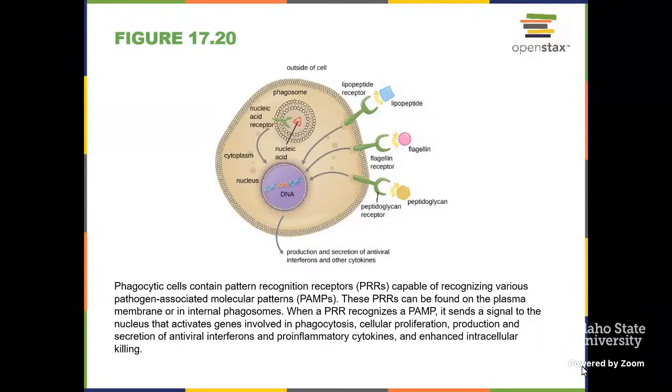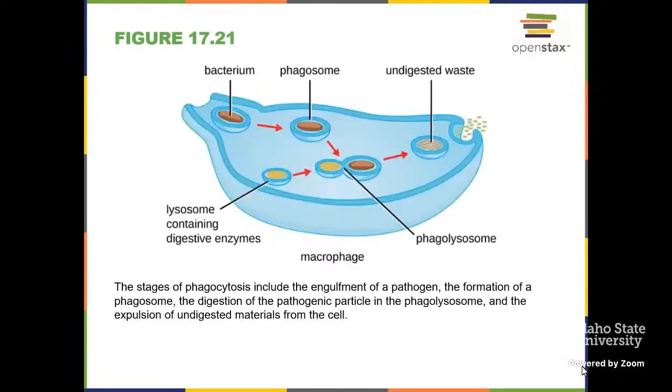Basically, after this has occurred, we can start sending out signals, interferons or other cytokines that serve as messengers to other types of cells or more macrophages to come in and start responding. So lots of things, and it's more than just bacteria that we might be thinking about targeting in these circumstances.